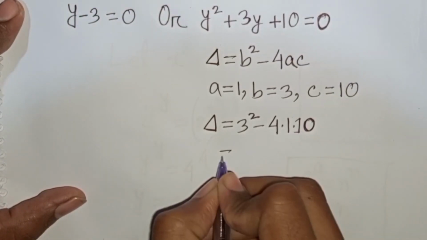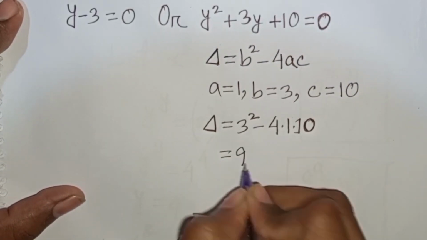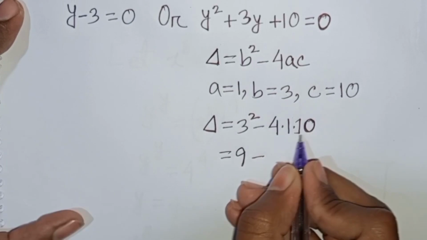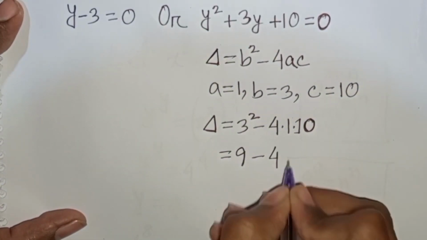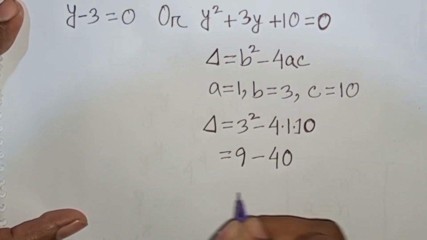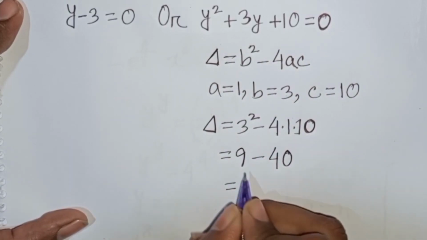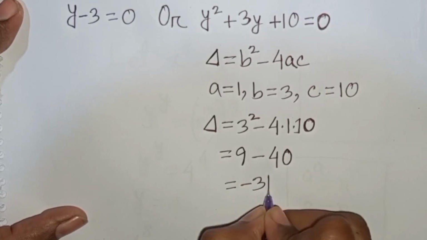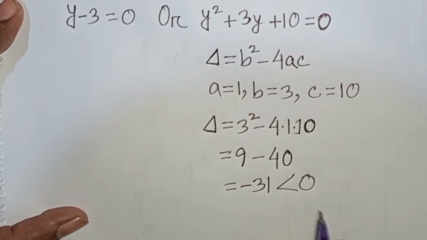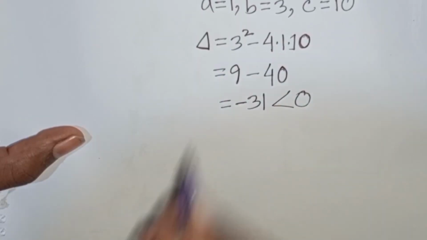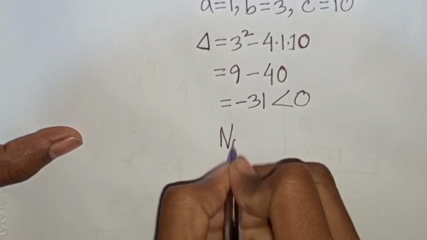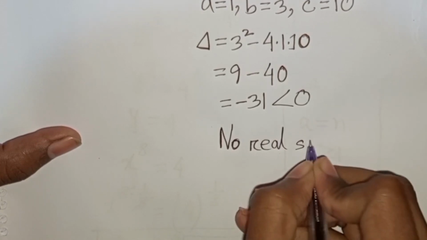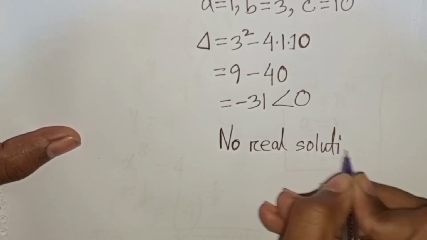Now it is equal to 3 square is the same as 9, minus 4 times 1 times 10, that means 40, then is equal to 9 minus 40, that means minus 31. So minus 31 is less than 0. So here no real solution.